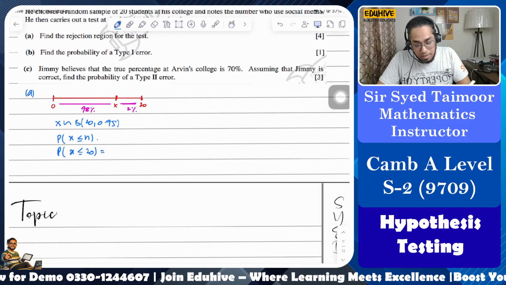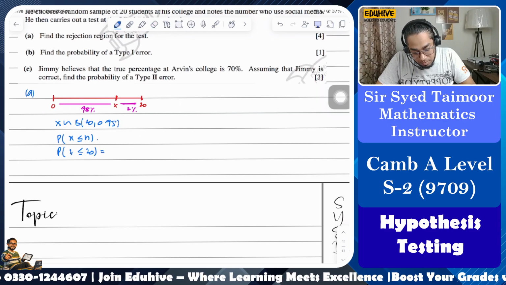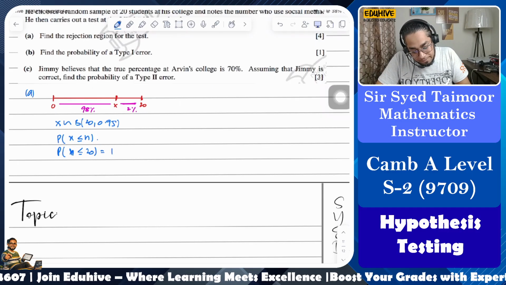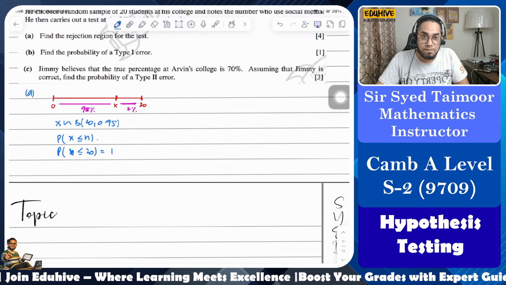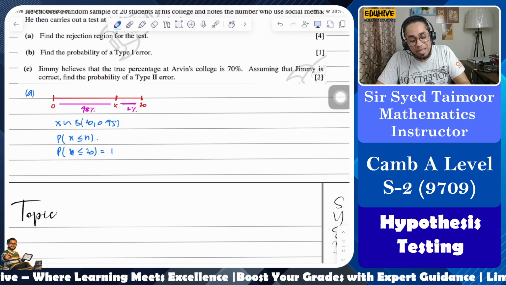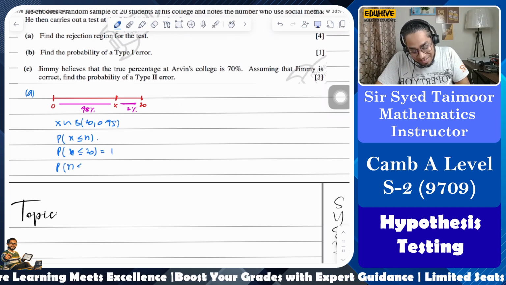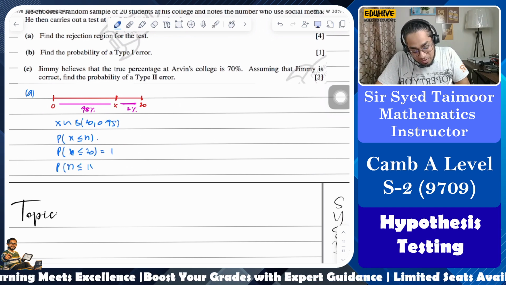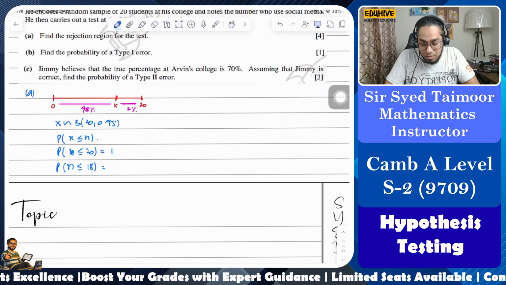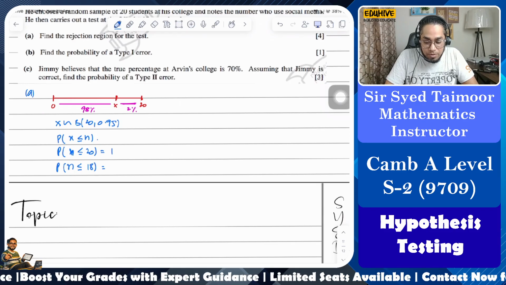So the first thing is understood. It's 1 for this one, definitely. The total sample size was 20, and x is less than or equal to 18. Check it. It will be almost the same, so I'm just jumping towards some of the values.